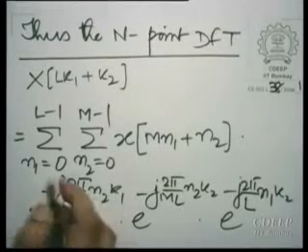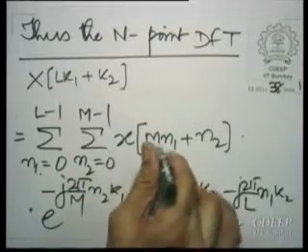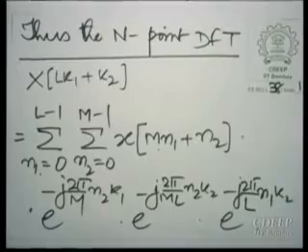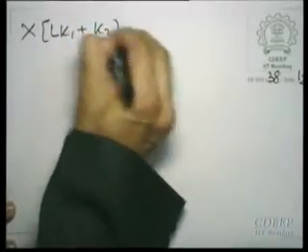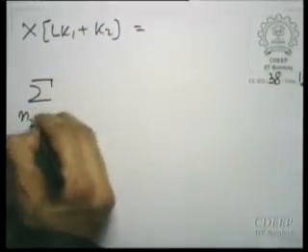So what I am saying is that the summation on n1 will act only on this and this. So we can take the summation on n1 inside, and therefore rewrite this as x L k1 plus k2, with the summation on n2 outside.